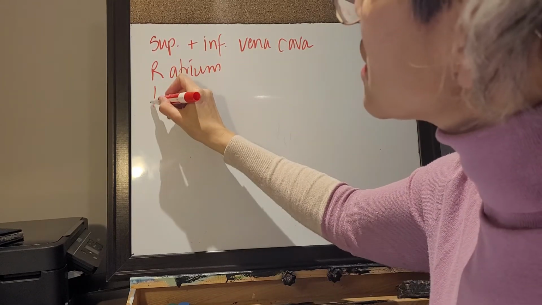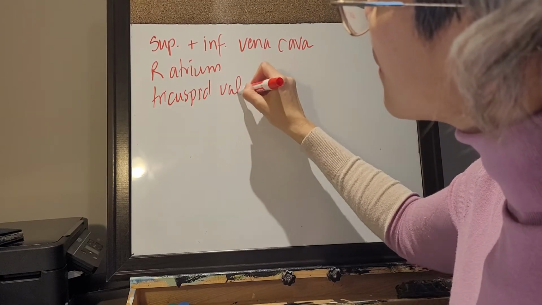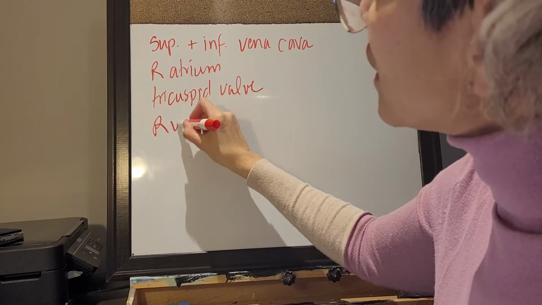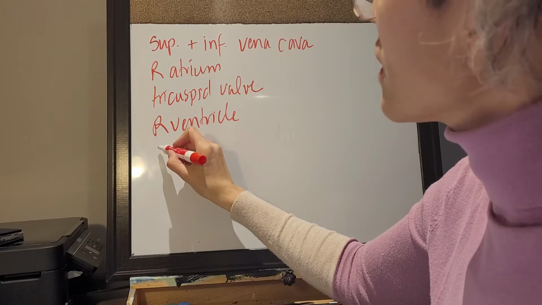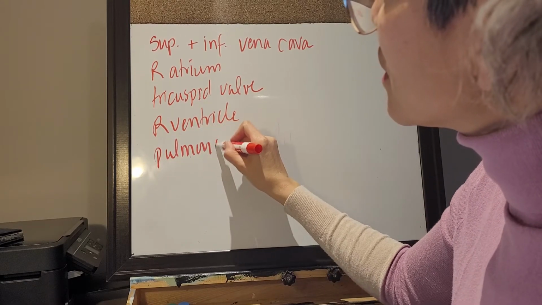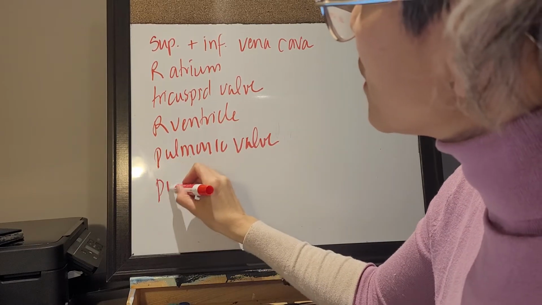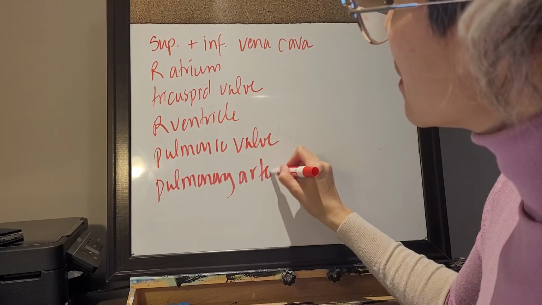I go past the tricuspid valve, enter the right ventricle, out past the pulmonic valve, into the pulmonary artery.